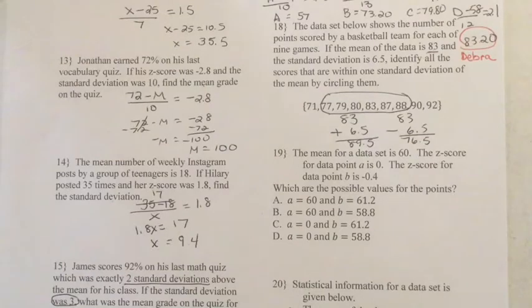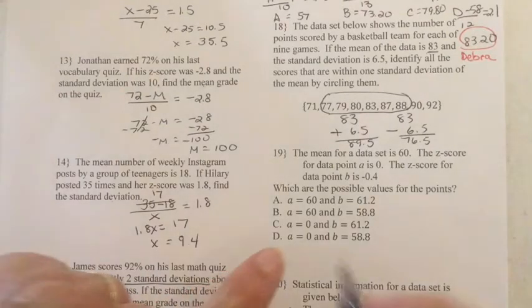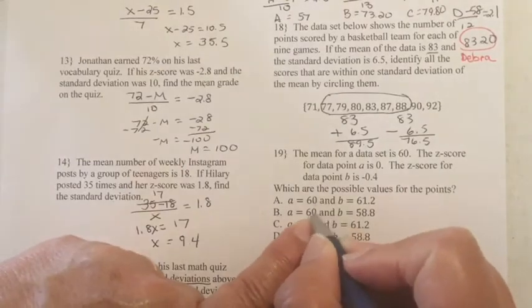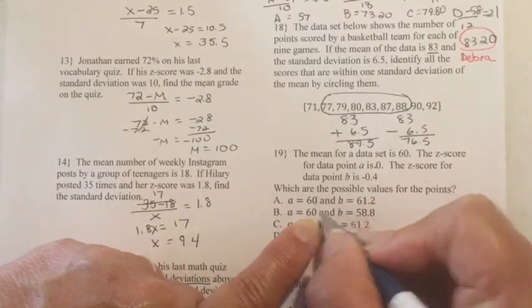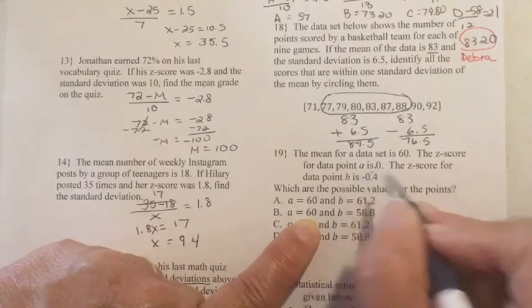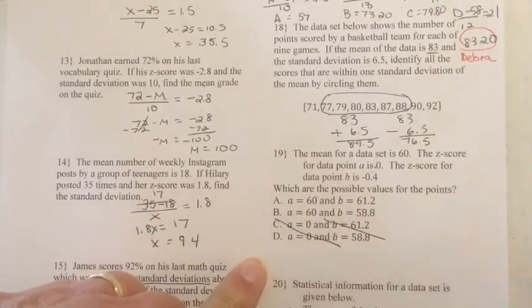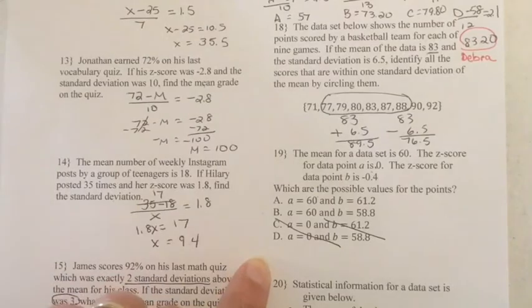If the z-score is 0, that means that the data point is actually what the mean is. Because remember, when you get a z-score, you're going to divide, and if you have a 0 on the top, you're going to get an answer of 0. So that can only happen for A if it's a 60, because a 60 minus the 60 is going to give you a 0. So right away I can eliminate those 2 answers.